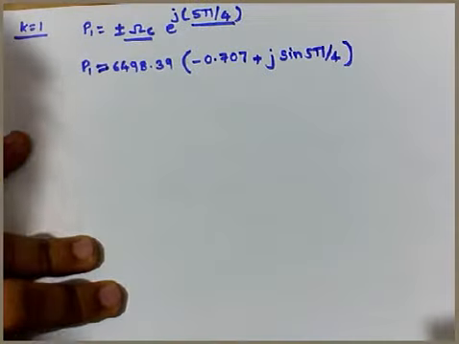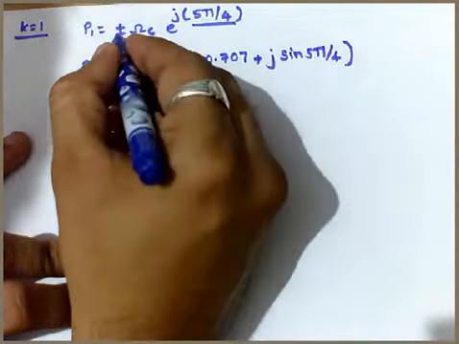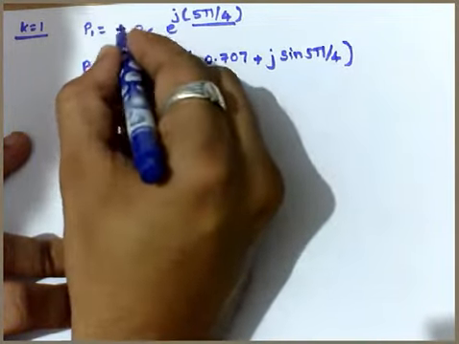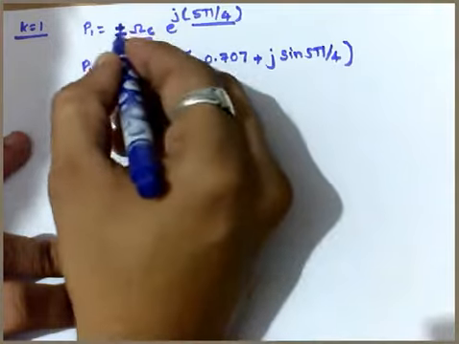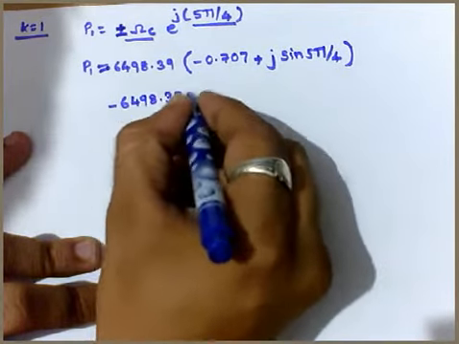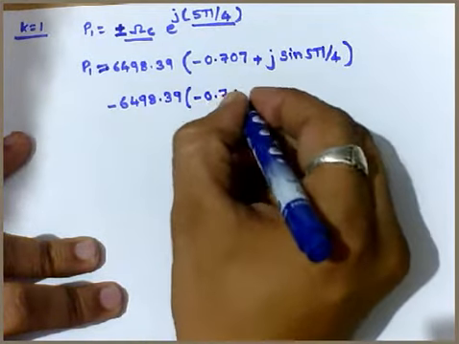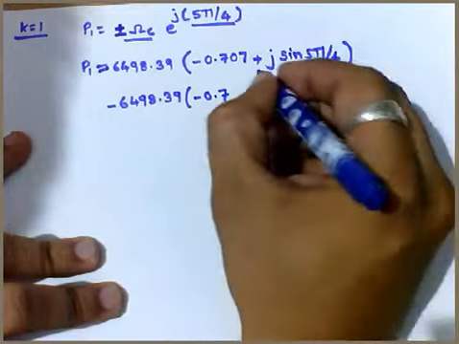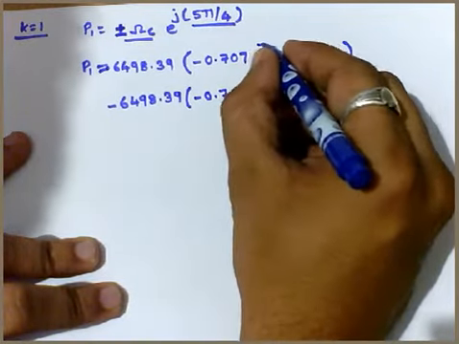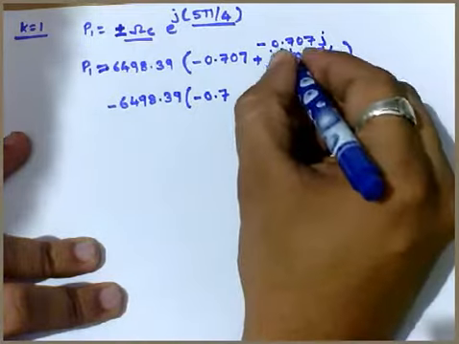This is what the first value. The second value for this P1 will be the negative of this, because it is minus over here. So for plus we have considered this value, for negative again put the Ω_C.